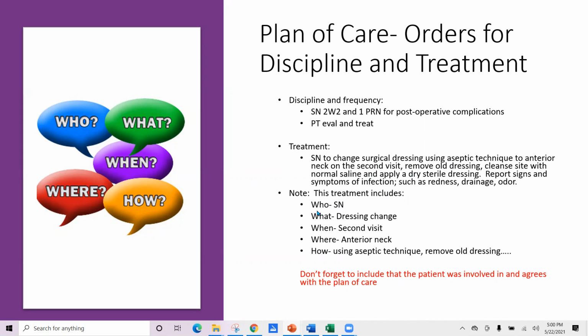So here we have the who, skilled nursing, the what, dressing change, when, second visit, where, anterior neck, how, using aseptic technique, removal, dressing, etc. And remember, in this section, we don't want to forget to include that the patient was involved in and agrees with the plan of care.